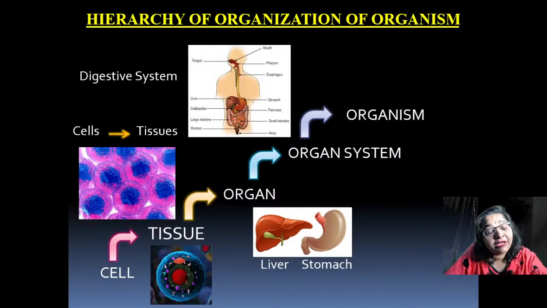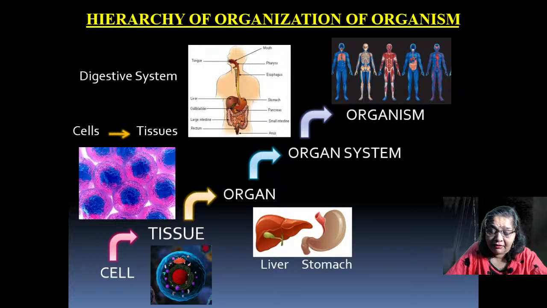Such systems in an organism perform various functions together but in an organized way. So the body which contains many organ systems together is called an organism, which performs various different functions for the living organism. This is the hierarchy of organization of an organism.